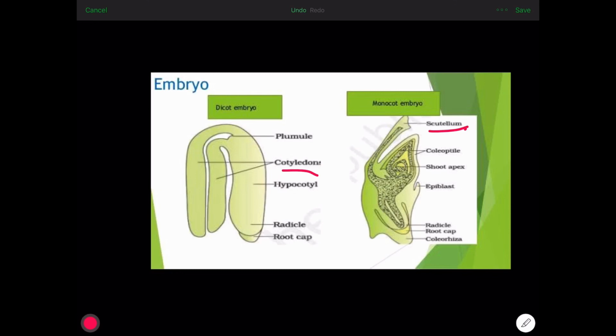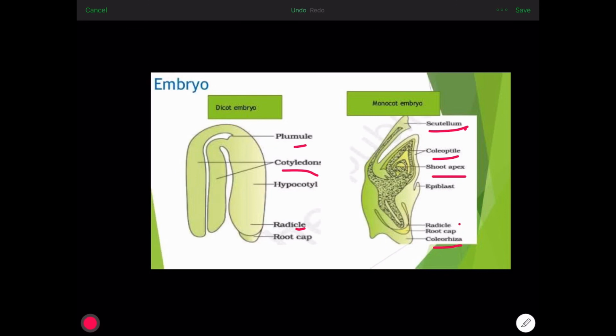In dicot embryo, plumule is not covered by coleoptile and radicle is not covered by coleorhiza. Coleoptile is present in monocot embryo over shoot apex, and coleorhiza is the sheath which covers the radicle in monocot embryo. Thus, a comparison of these two types of embryos can be asked in the exam.